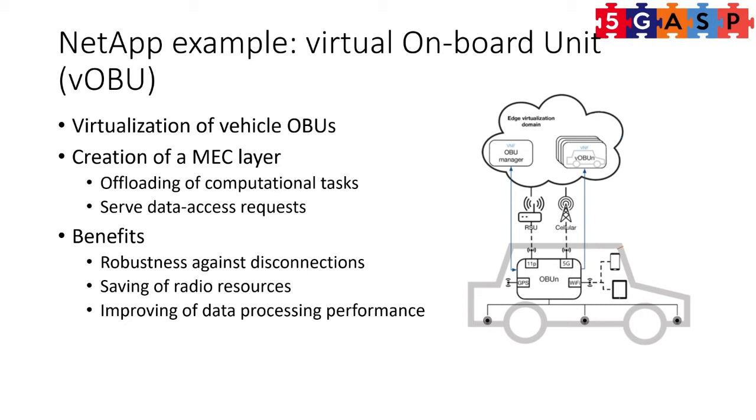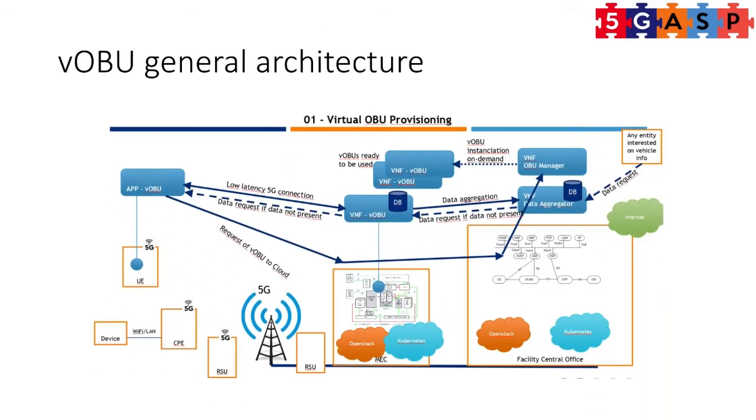By doing so, this Netapp provides benefits such as robustness against potential disconnection from the network, saving radio resources, and improved data processing performance. Here we have the general architecture of the application.